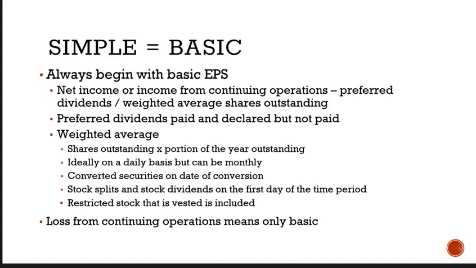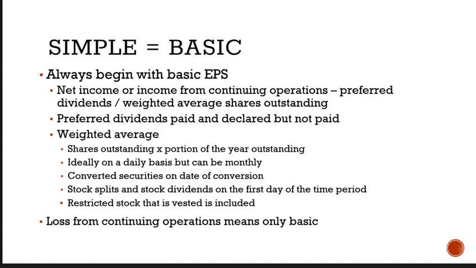Stock splits and stock dividends, however, are treated as if they happen on the very first day of whatever time period you are looking at. So if you're calculating it on a quarterly basis, it's as if it happened at the beginning of the quarter. If you're doing it on an annual basis, you're going to treat it as if it happened on the beginning of the year. Restricted stock that is vested is included in your basic earnings per share.